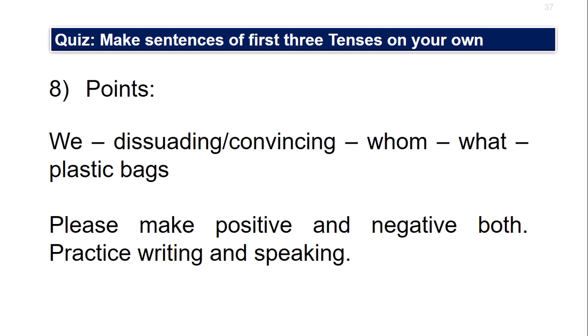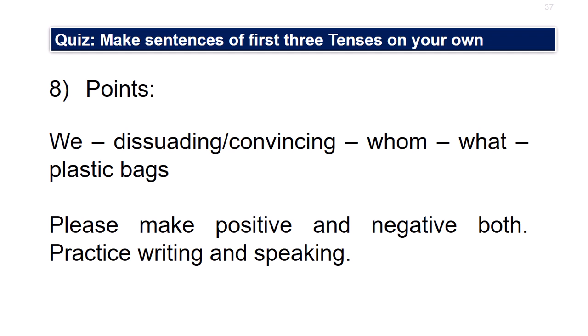Convincing and dissuading are similar kinds of things, they are synonyms, but dissuading is used particularly to not do anything. Convincing is to make people agree on doing something, and dissuading is the opposite of convincing, to make people agree on not doing anything. So that's the difference between dissuading and convincing.